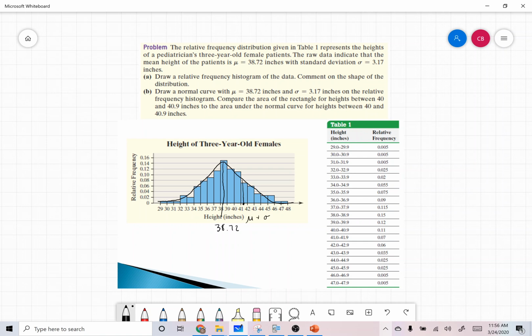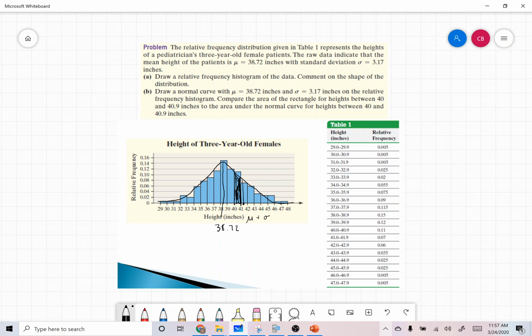And then I've only drawn it on that side, obviously, because we're only looking at the areas from 40 to 40.9. That would be right here. Okay, so I've shaded that in.